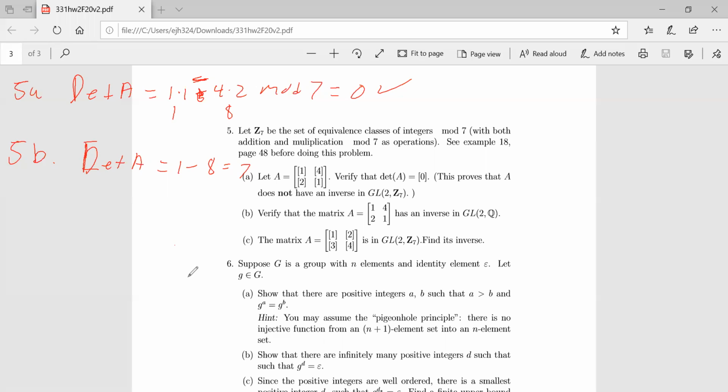Yeah, but you know how in part A it's mod 7, and this one's in the rationals. So we don't take the mod 7 in part B, right? Well, yeah, you shouldn't be doing mod 7 in part B.